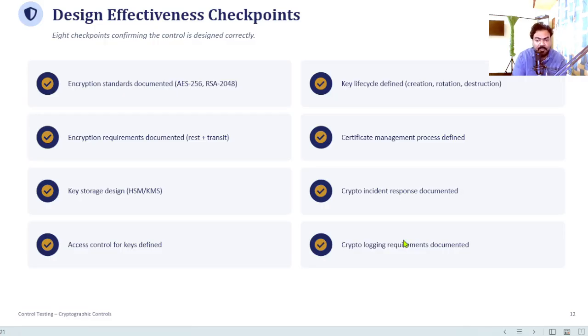Is there a defined certificate management process? Is key storage designed around an HSM or KMS? Is there a documented crypto incident response plan? Are access controls for keys clearly defined? And are crypto logging requirements documented? If any of these 8 are missing, that's a design gap. And it doesn't matter how well the control operates day to day, the design itself is incomplete.